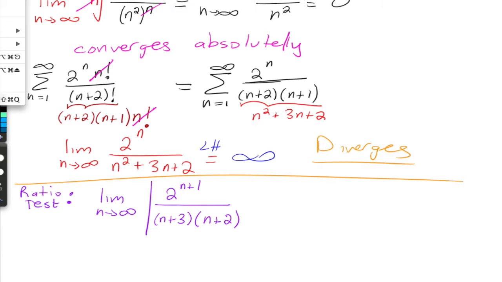Where do those come from? It's from plugging in n plus 1 into the denominator, right? Okay. And then divided by a sub n, so I'll do times n plus 2 times n plus 1 over 2 to the n.